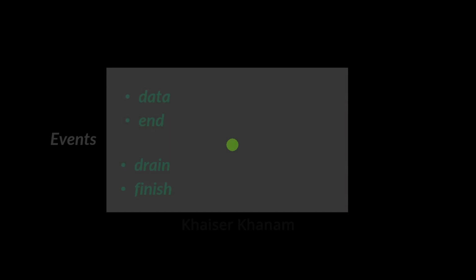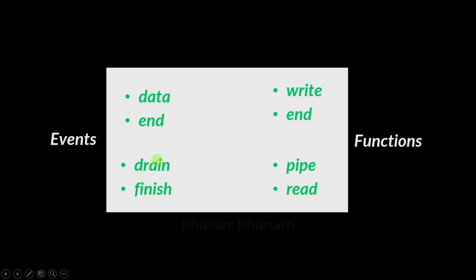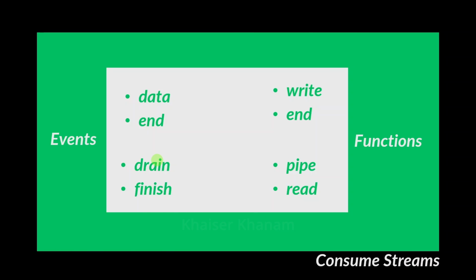Now, one important point, you also make a note. We have seen these events, and also these functions, and all of these are used for consuming streams, which means they are already implemented, and the only thing we are doing is consuming streams.